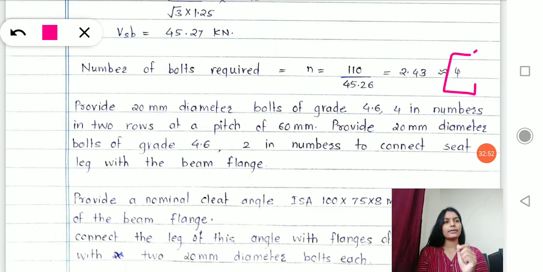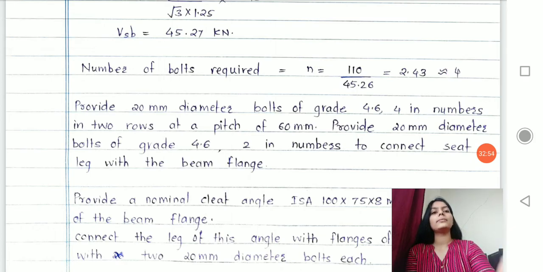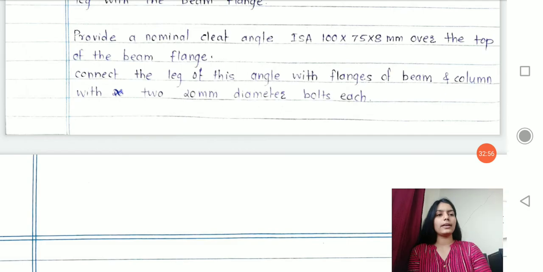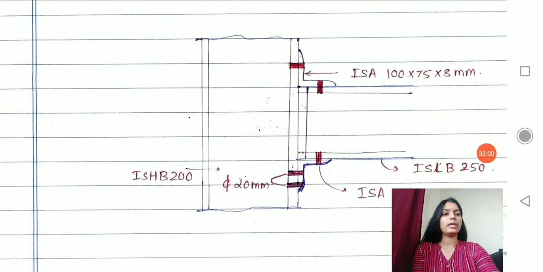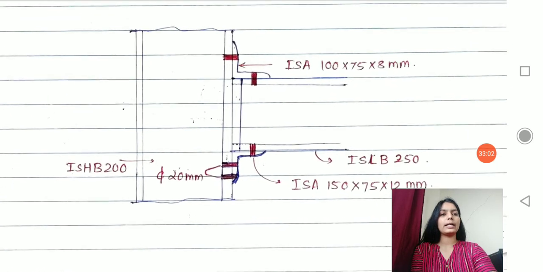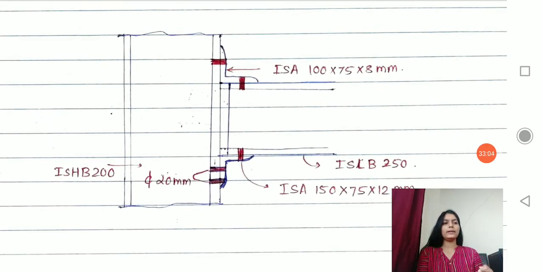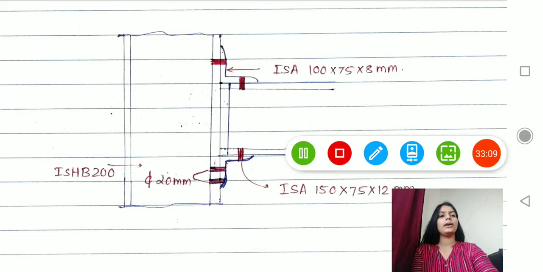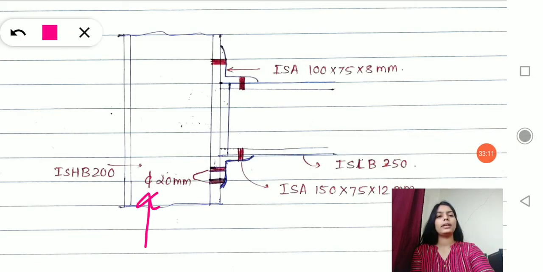See here, now it is important. I will make you understand. Here I have written many theoretical points which you can pause the video and try to understand, but the connection I will make you understand with the figures. See here, you have this column and you have connected your beam here.